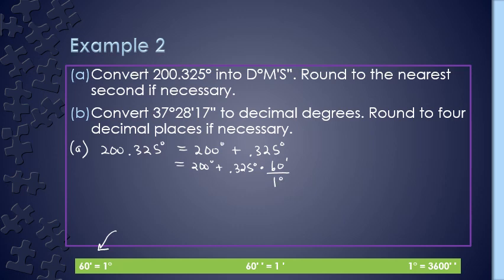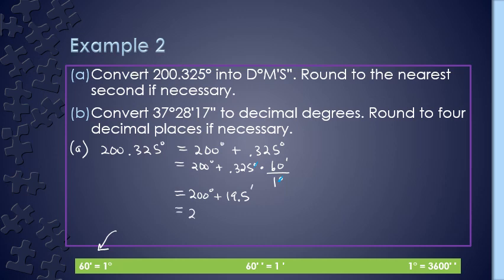Now, if you remember things about how you convert, this degree on the top and this degree on the bottom cancel out, and it leaves me with just minutes. Now when I do that, if I use a calculator and I substitute this in, I still have my 200 degrees, but 0.325 times 60 gets me 19.5, and the unit that I'm putting on there is minutes.